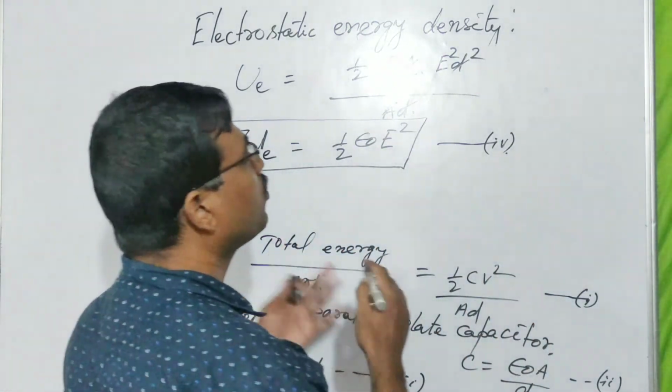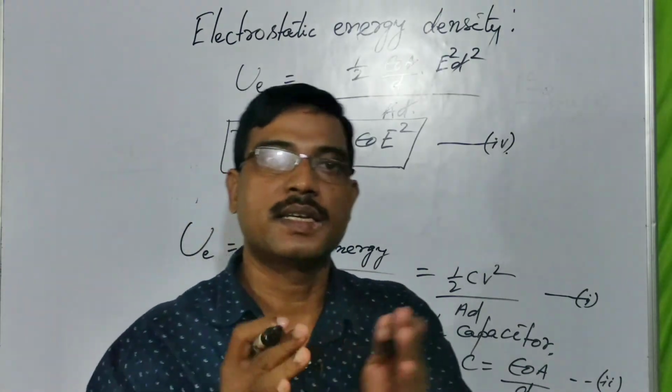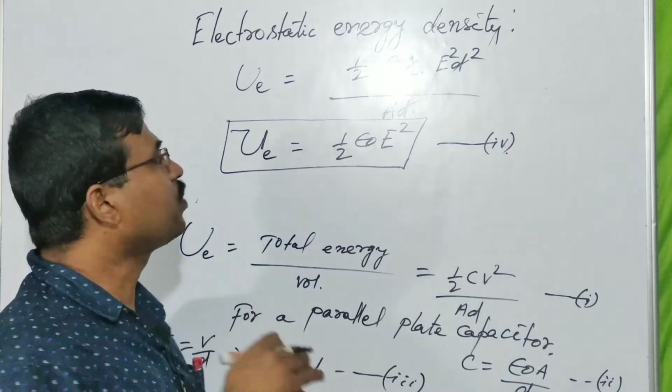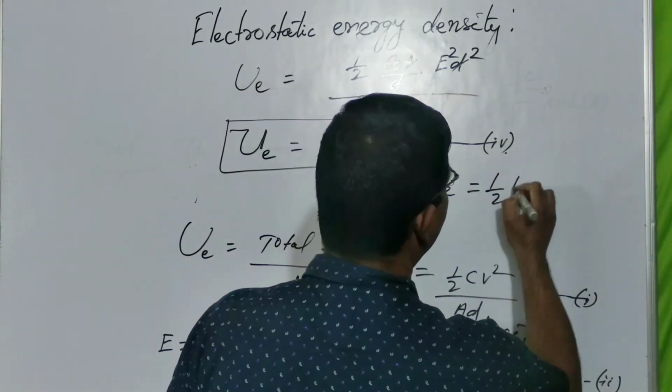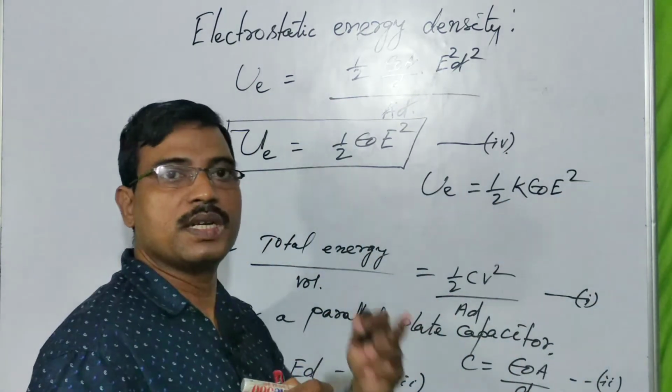Important point: when a dielectric is introduced in between the two plates of a parallel plate capacitor, you can write this as half K epsilon naught E square, where epsilon naught is the permittivity in space.